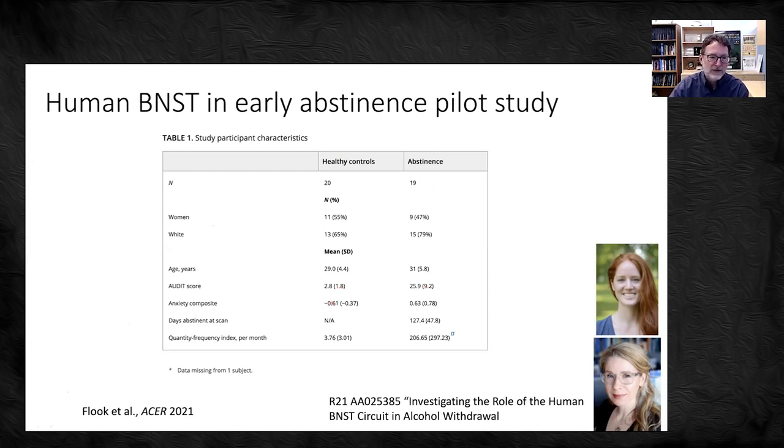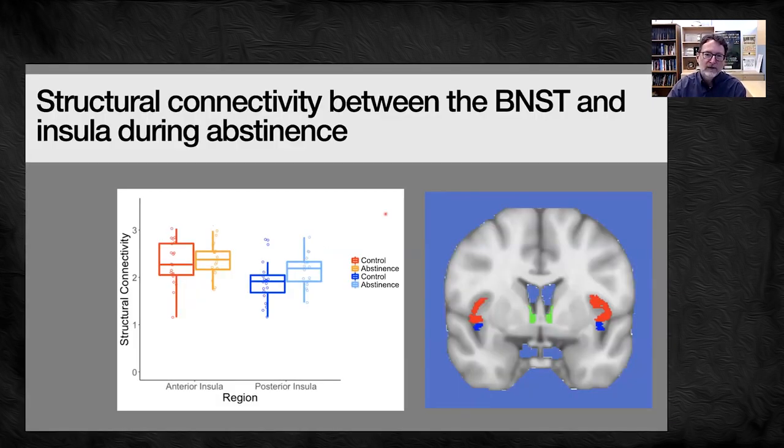And then, as we'll talk about in a bit, there were clinically significant anxiety and depression scores amongst this abstinence group as well. Lizzie and Jenny then began by examining structural connectivity between the BNST and the insula in this abstinent state compared to controls.